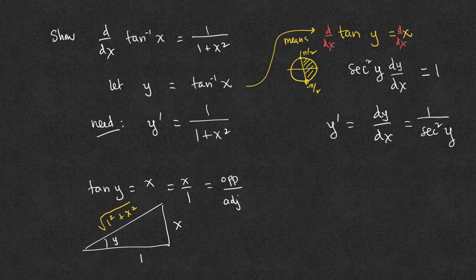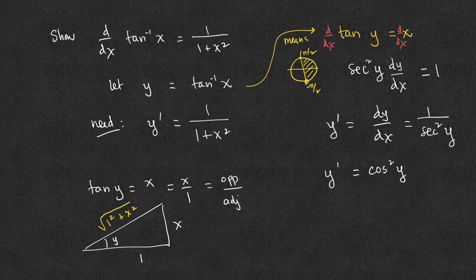Now, y prime is 1 over secant squared of y, or cosine squared of y. 1 over secant is cosine. Cosine is the reciprocal of secant, and vice versa.